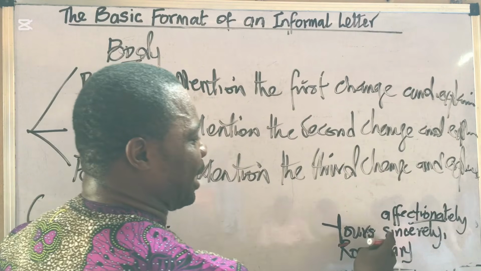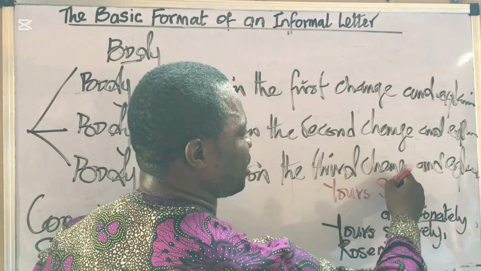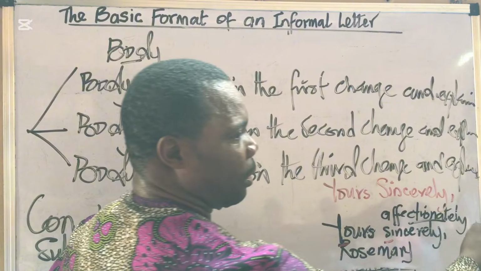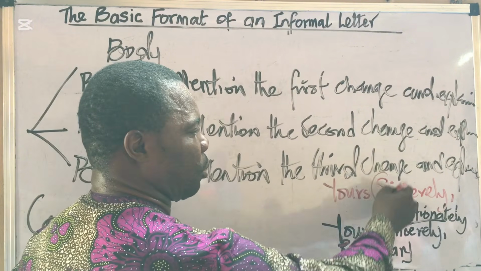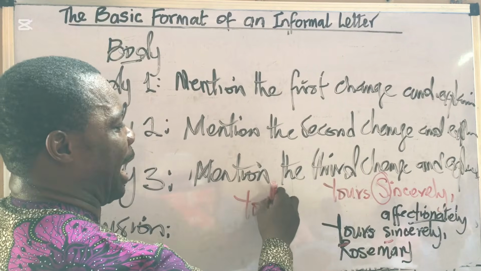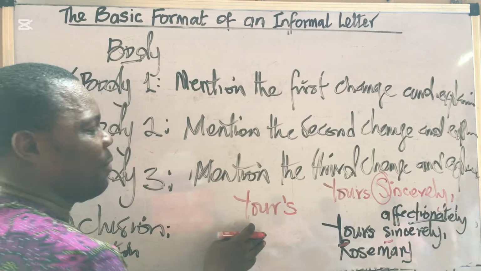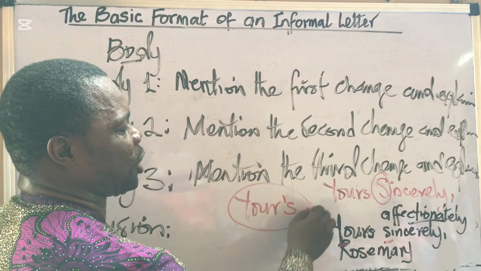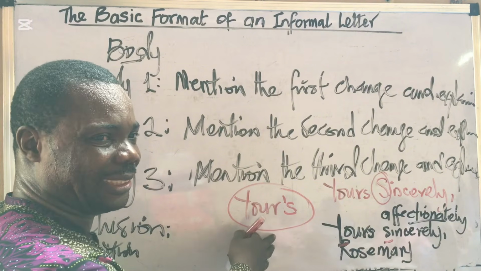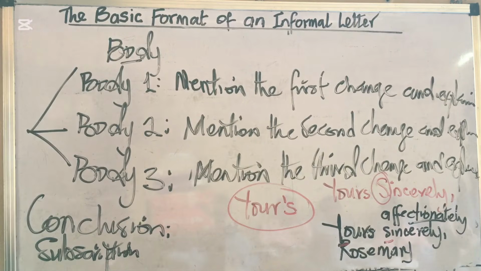So when you write sincerely in capital letter, you are going to be wrong. They're going to mark you down because this is wrong. And then another thing is that your comma S is unacceptable. So don't write your comma S. In fact, there is no such expression in English. These are the things you must avoid when writing an informal letter.